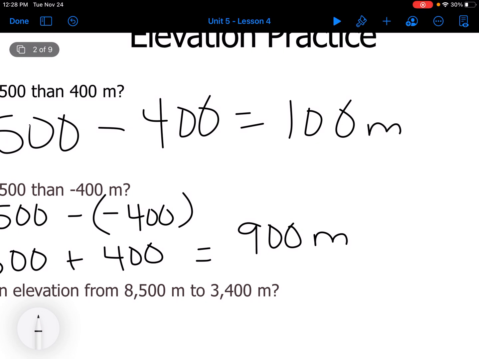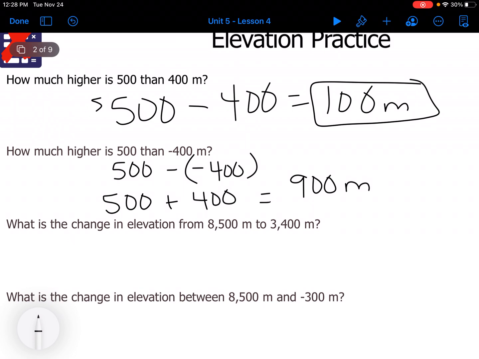Now, some of you might ask why I didn't add the opposite here. Well, it's not going to help me solve this problem if I add the opposite here. I know how to subtract two positive numbers. You guys have been doing this for years. Don't change your rules around just because it's the new rule for this integer.